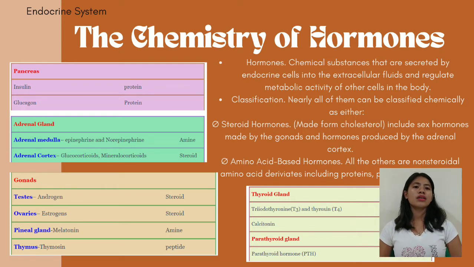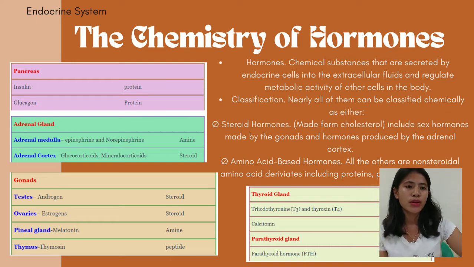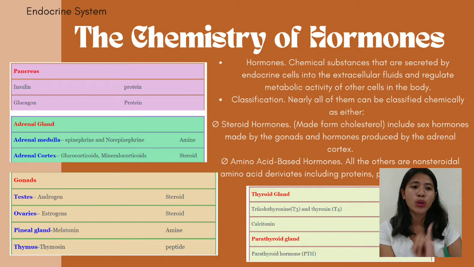So let's move on to the chemistry of hormones. Hormones are chemical substances that are secreted by endocrine cells into the extracellular fluids and regulate metabolic activity of other cells in the body. So there are classifications of hormones, which are the steroid hormones and the amino acid-based hormones.